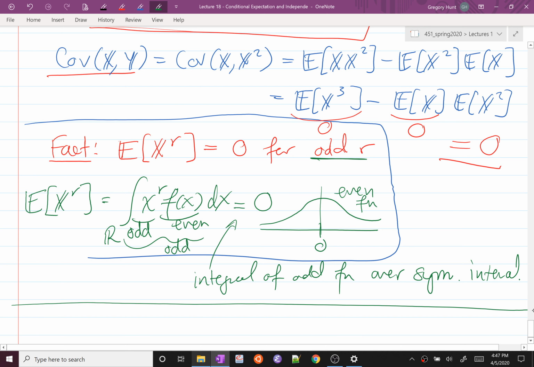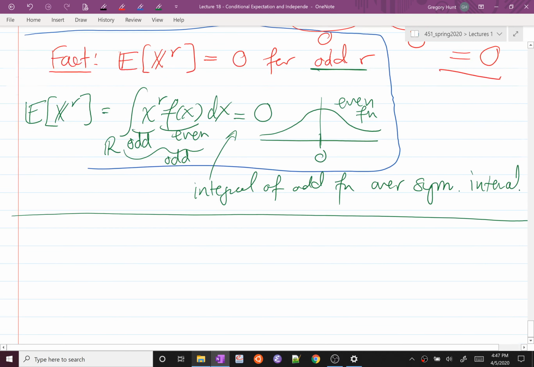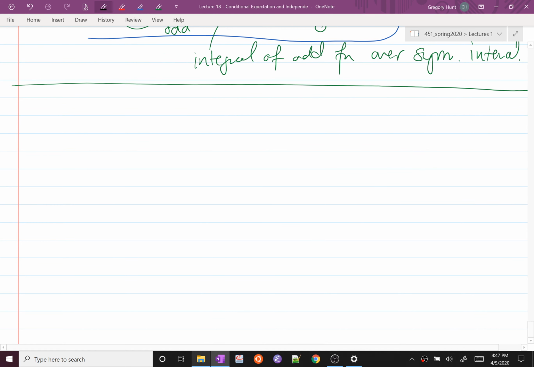Okay, so other things that we had for events, we can now talk about, because we have a definition of conditional random variables, not just conditional events. We can look at things like Bayes' theorem for random variables.